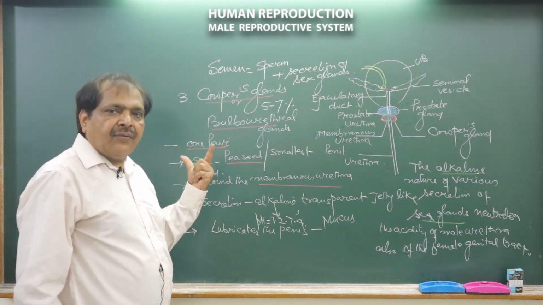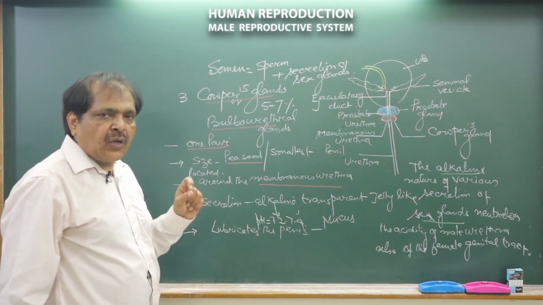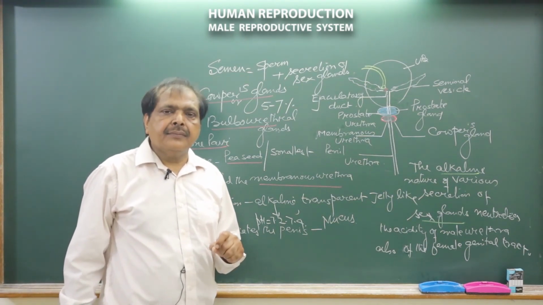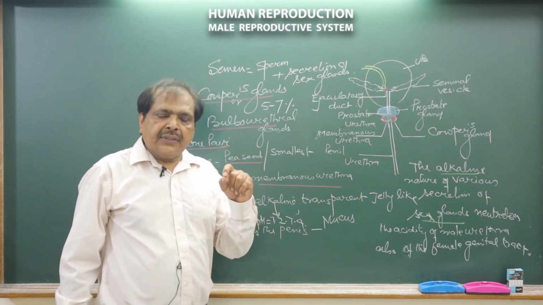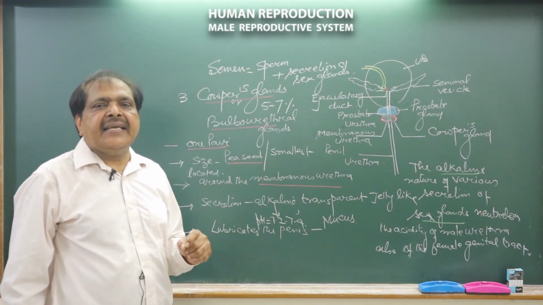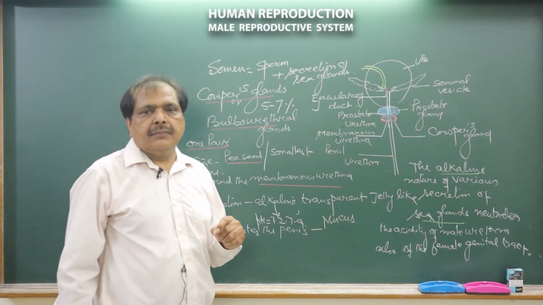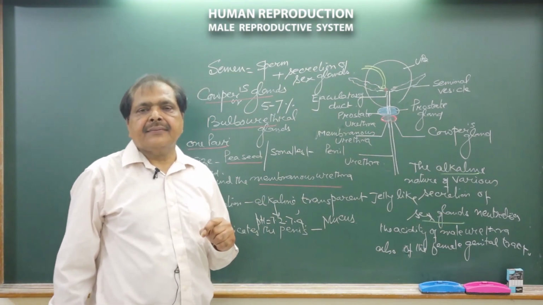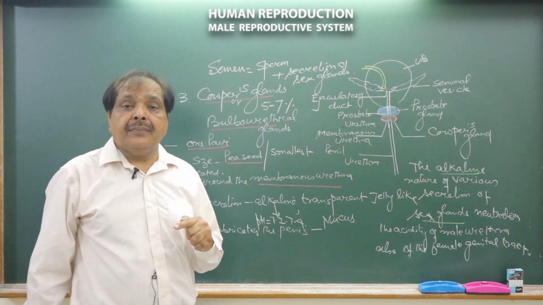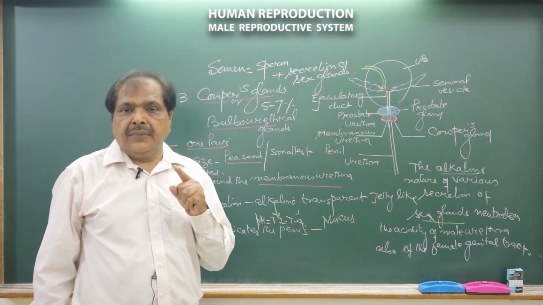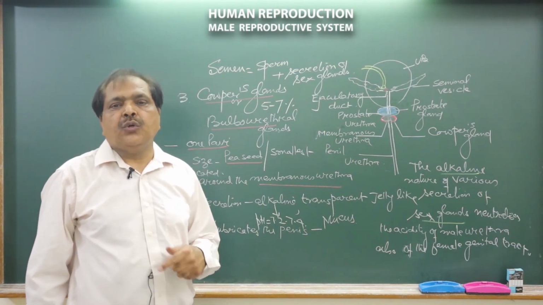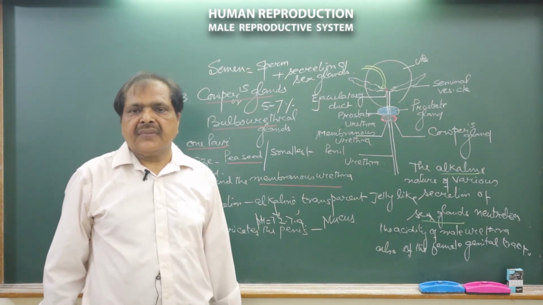One more important thing, I have already told you, in the seminal vesicles, prostaglandins. Those prostaglandins induce the contractions of the female genital tract and help the sperm to move forward so that the sperm is able to meet the egg. Thank you very much.